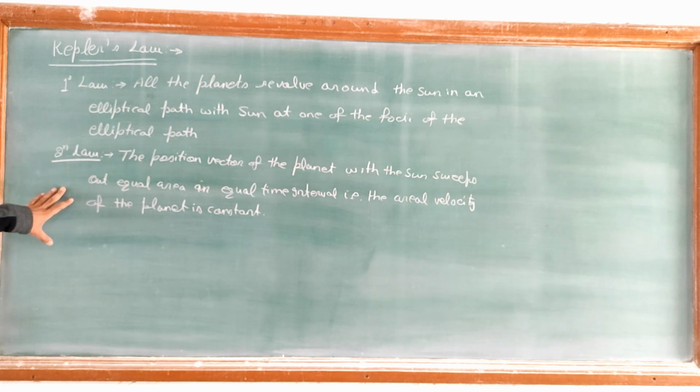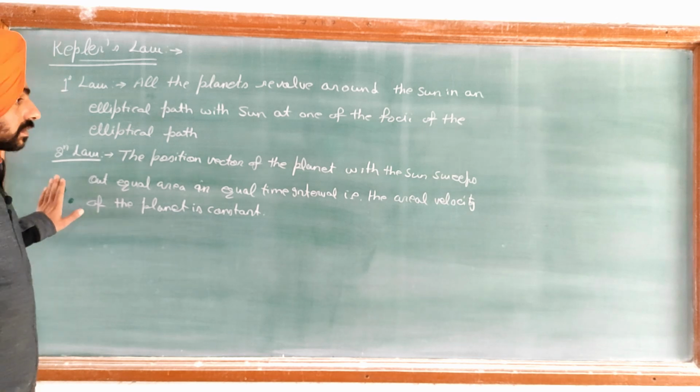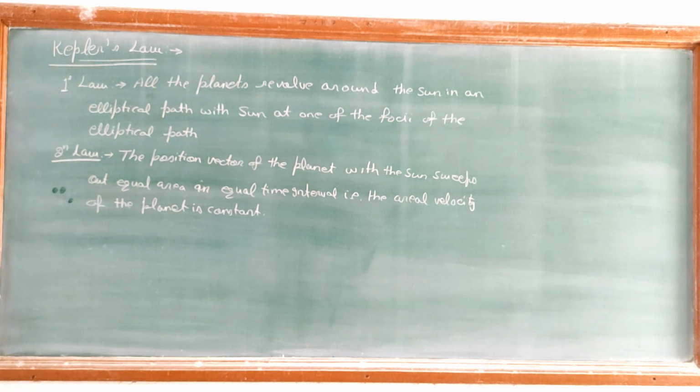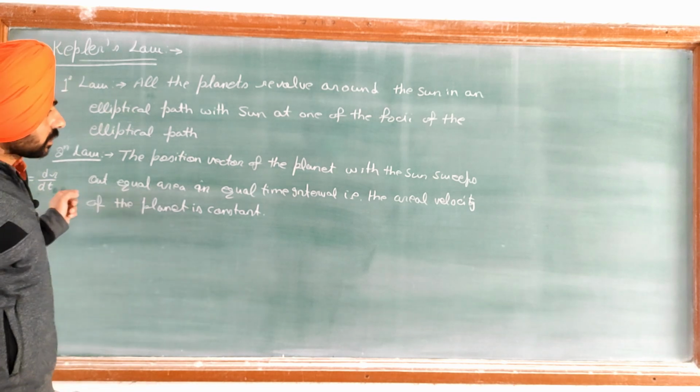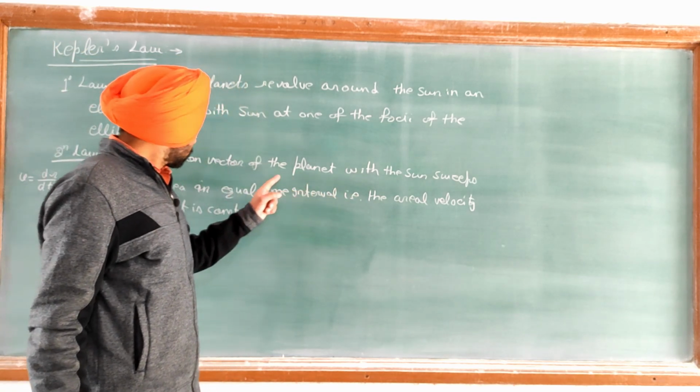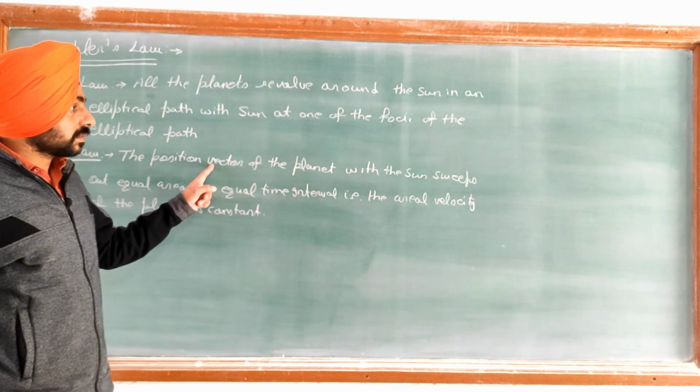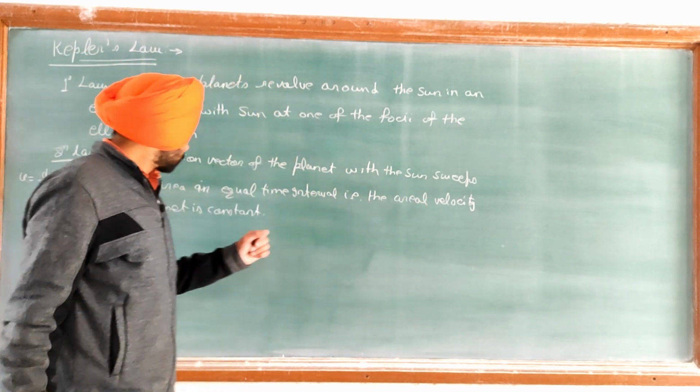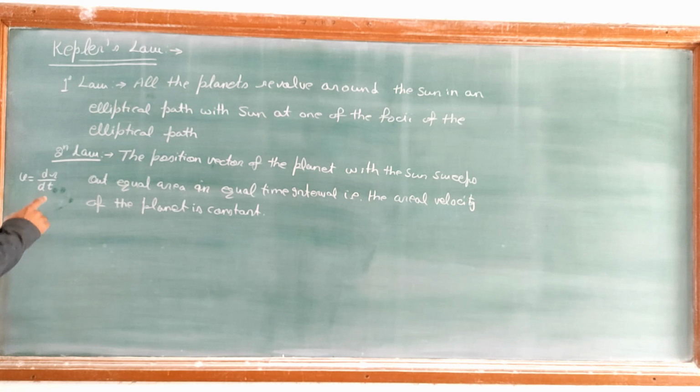So what is this areal velocity? As you know from your junior classes, velocity is the time rate of change of displacement, dr upon dt. And as we are talking about the position vector of the planet with the sun sweeping out equal area, instead of this displacement we have dA upon dt.